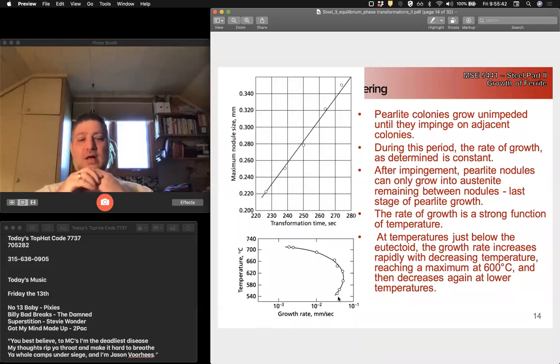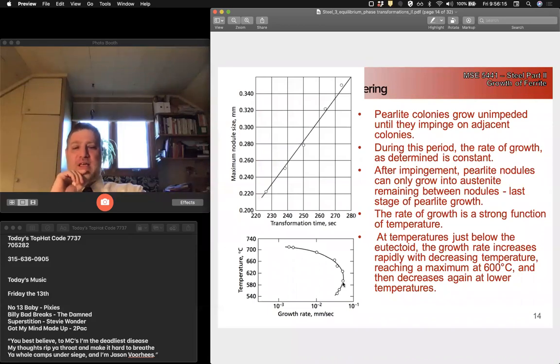Okay? The growth rate also is going to increase with the driving force for transformation, the bulk Gibbs free energy, right? So we end up with a curve that looks something like this, right? With a maximal amount of growth, right?